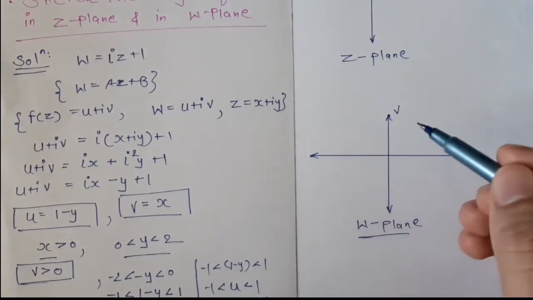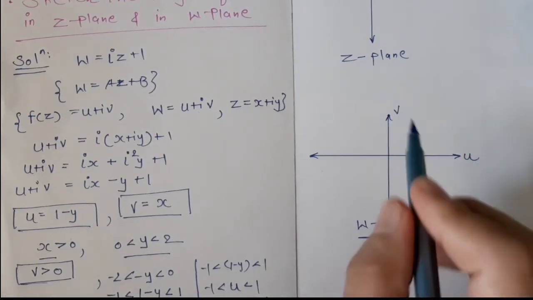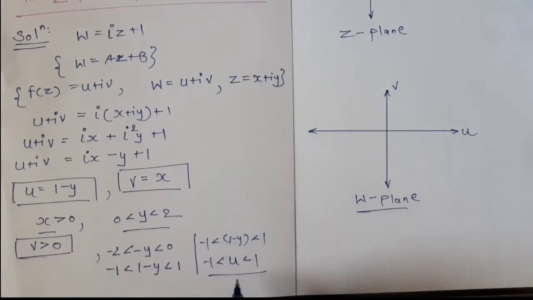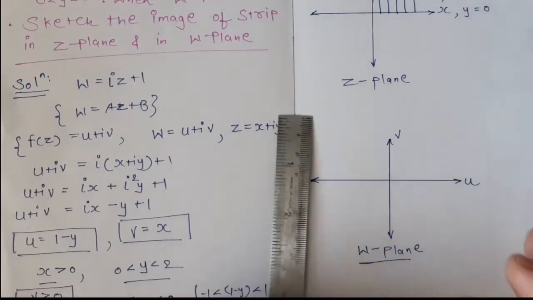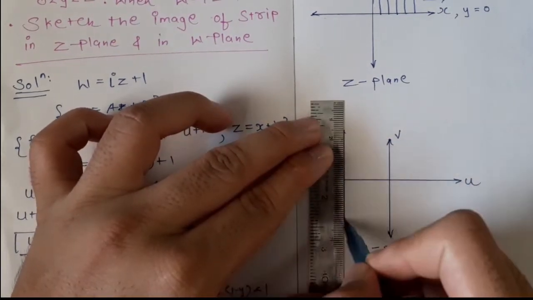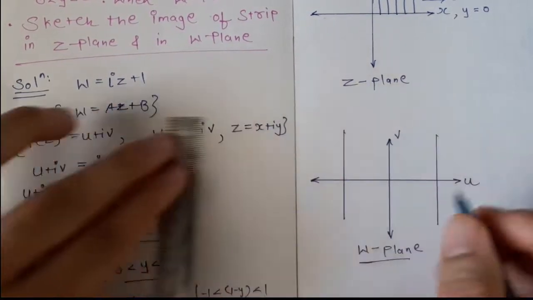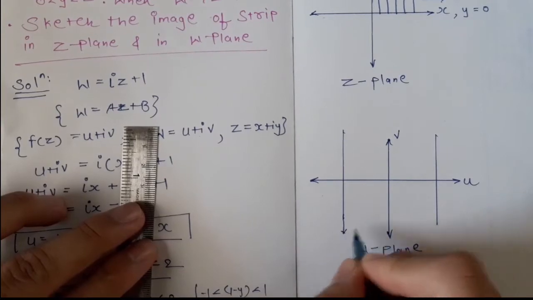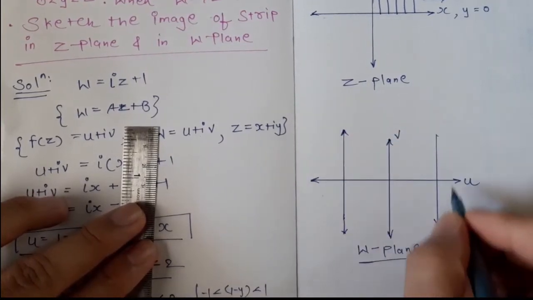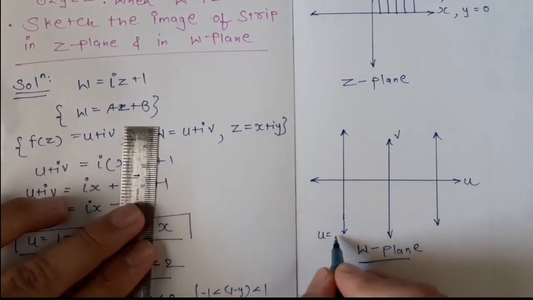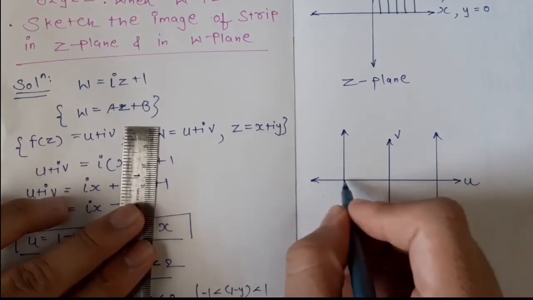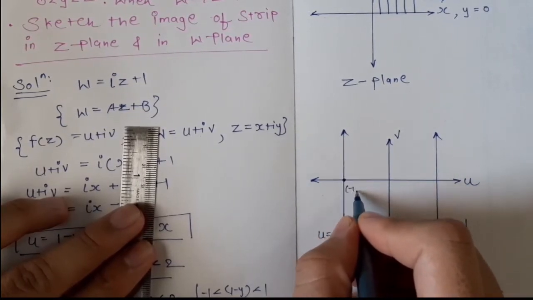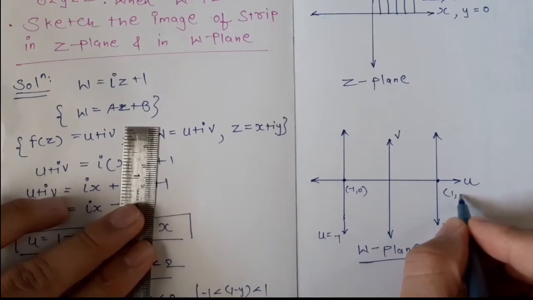So the part which is above the u axis is considered. Now we will see for u, that is u between minus 1 to 1. So I will draw lines at minus 1 and 1. So this is u equals minus 1 and u equals 1. This is the point minus 1, 0 and this is 1, 0.